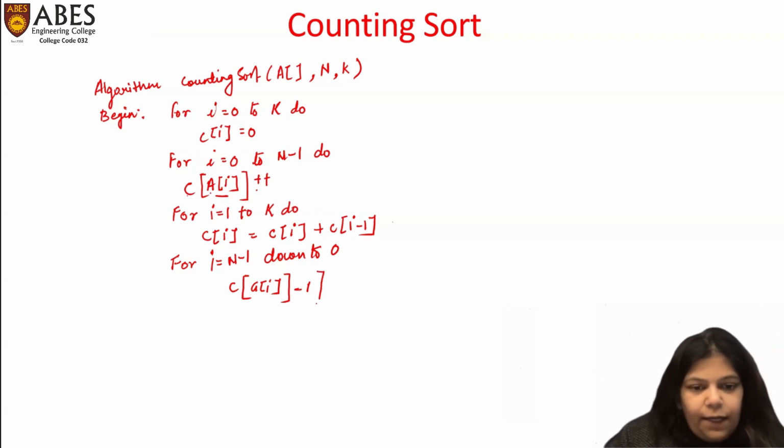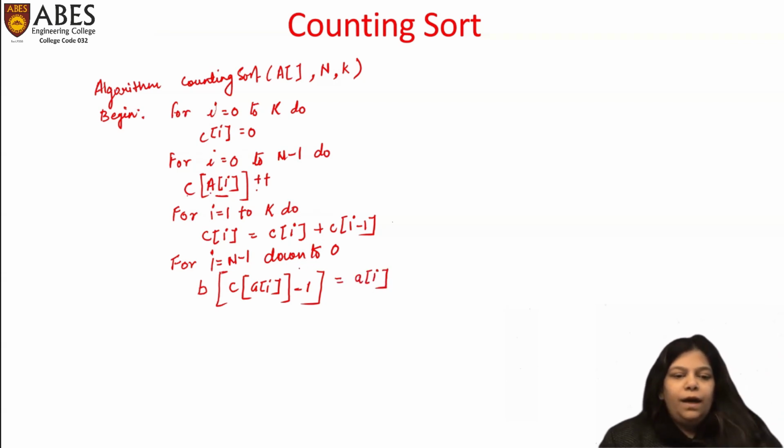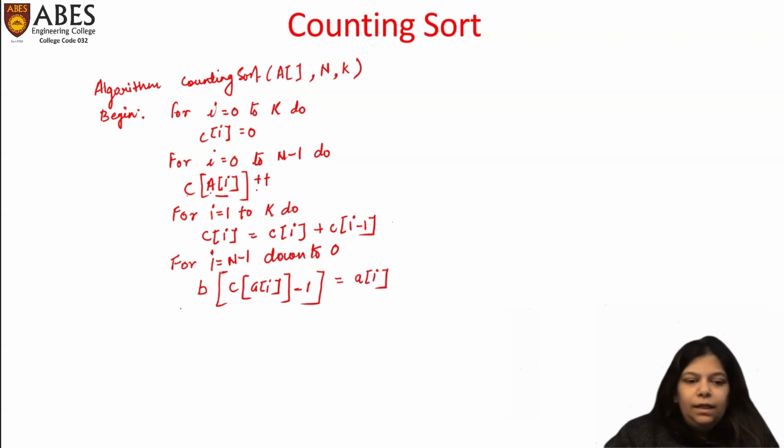And then this value will become the index of the final answer, and this will store the value A[i]. This is how we will get the final answer. And at last, we will return this B.